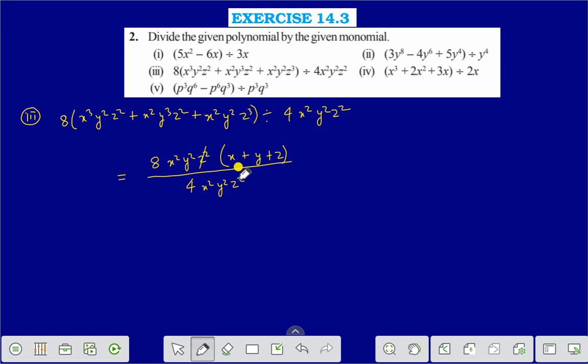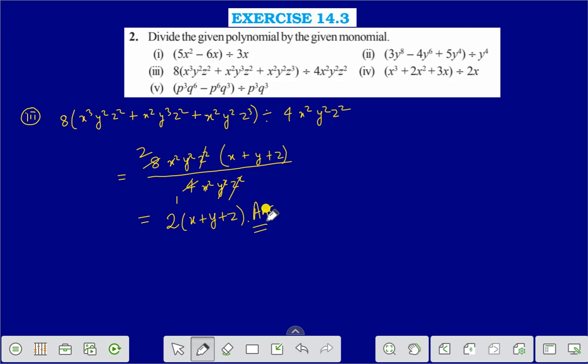This will cancel. Right? 4 1 is 4, 4 2 is 8. Therefore, we are getting 2 into x plus y plus z. And that is the answer of question number 3. The answer is 2 into x plus y plus z.